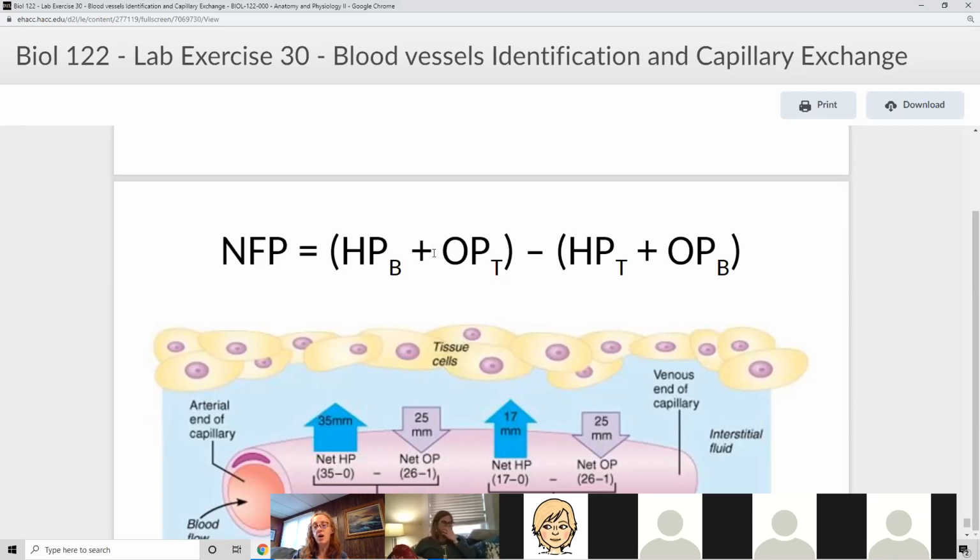How much are the proteins out here in the tissue trying to reabsorb the fluid? What's their pull? Minus the hydrostatic pressure of the tissue, which is how much of a push there is to move fluid back in.